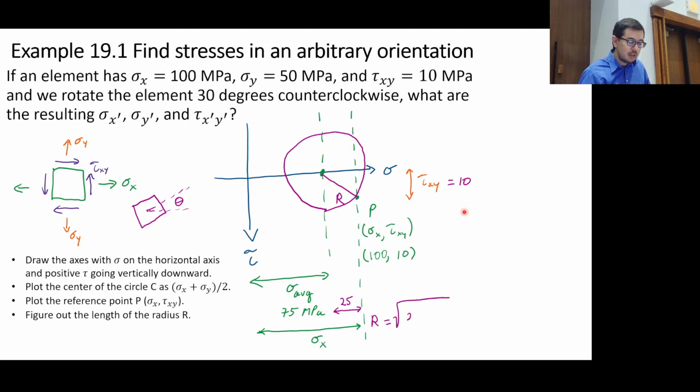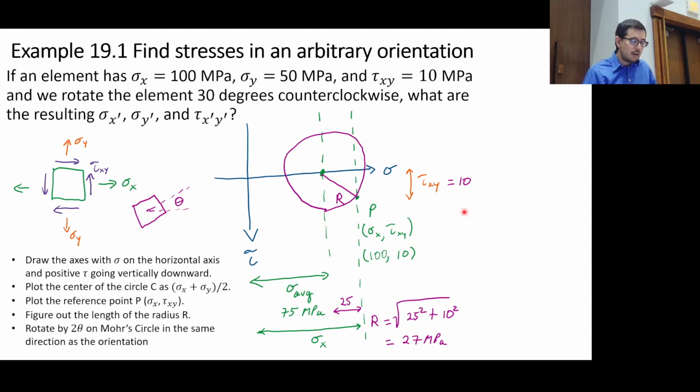And r is then the square root of 25 squared plus 10 squared, which is 27 megapascals. Now, we have to rotate by 2 theta on Mohr's circle in the same direction as the orientation of this rotation. So theta was equal to 30 degrees, which means that we have to go 60 degrees.